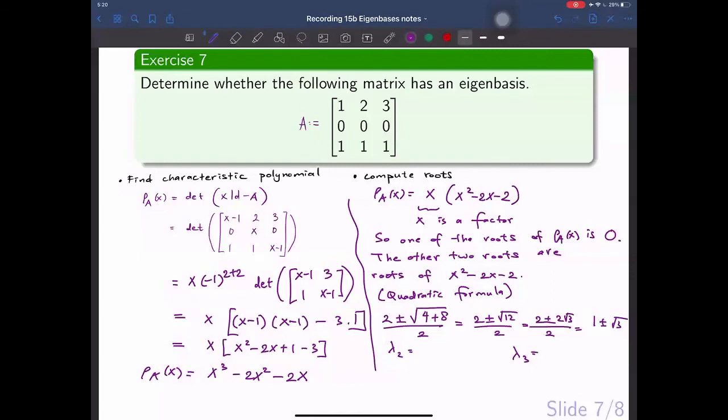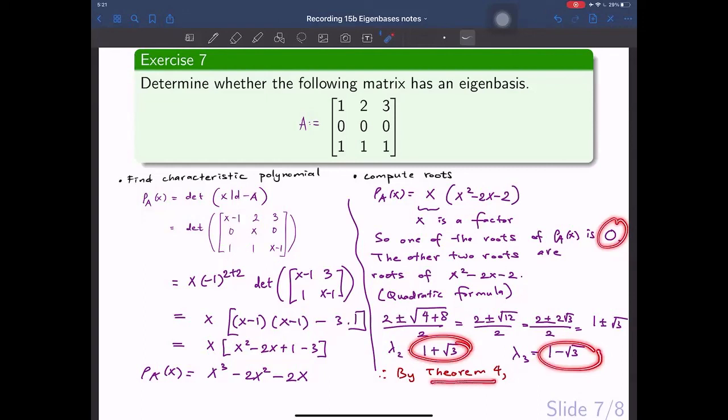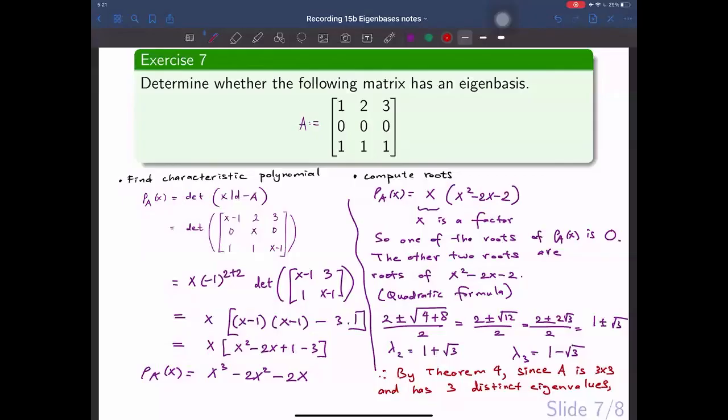So I get two other roots, 1 plus square root of 3 and 1 minus square root of 3. Since A has three distinct roots, 0 and these other two values, we can use theorem 4. Since A is 3 by 3 and has three distinct eigenvalues, A must have an eigenbasis.